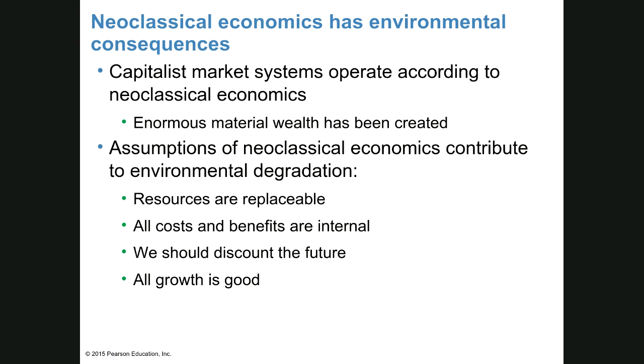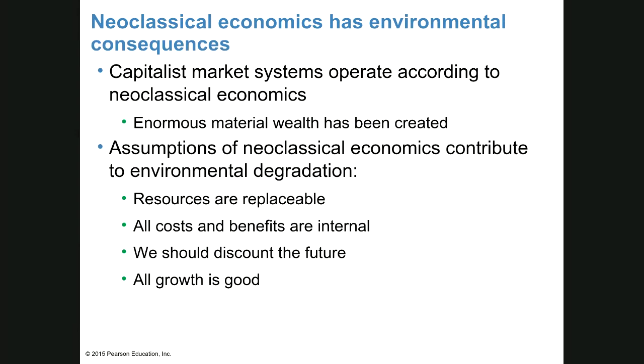It says all costs and benefits are internal. That's just between the people in the economic interaction. And we know that's not to be the case. So take a cell phone, for example: where did all the parts and components and even metals in my phone come from? Years ago, they were mining in Africa for rare metals for our phones.